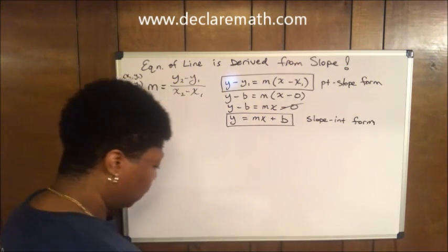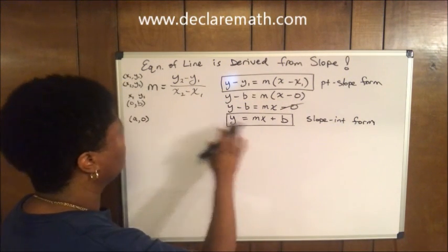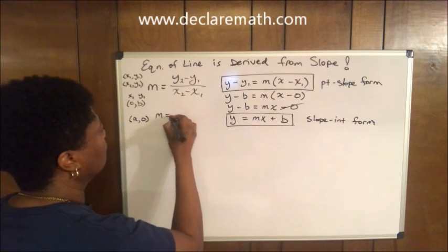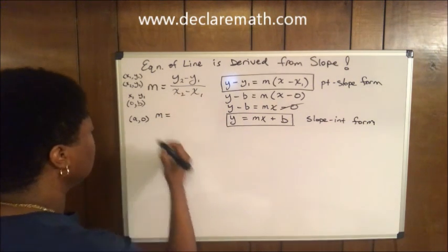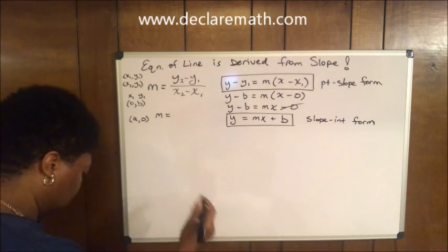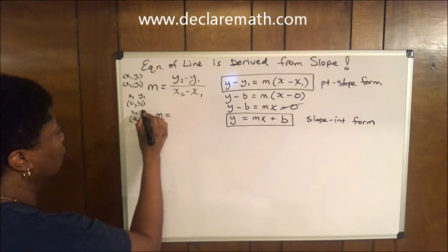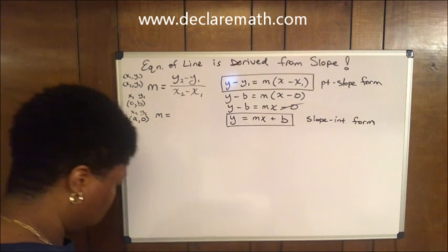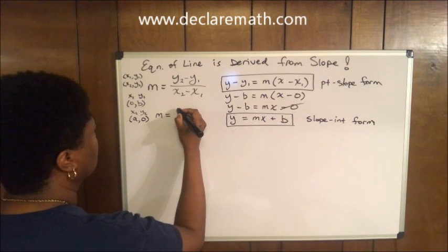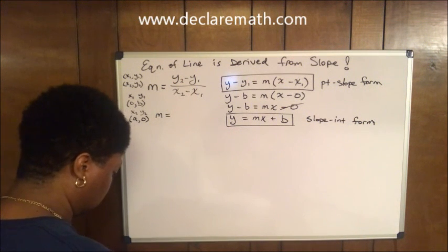So here, if we plug in for the slope, we're going to kind of do something magical here. I might have these backwards, so forgive me here. x2, y2. I do have it upside down, but that's okay.